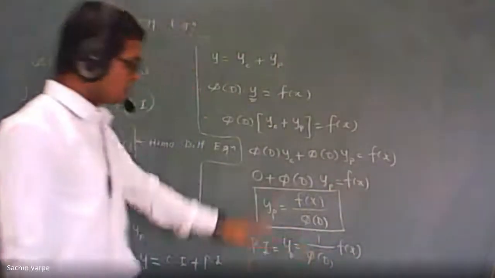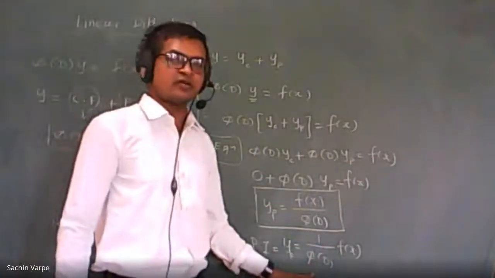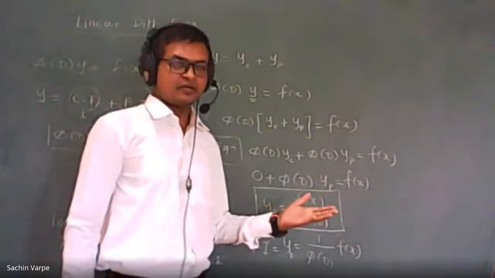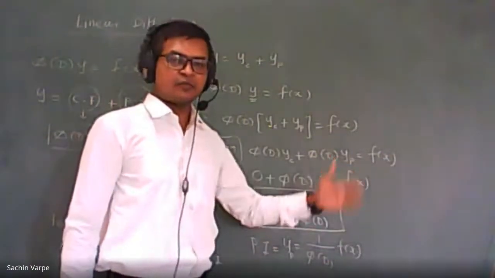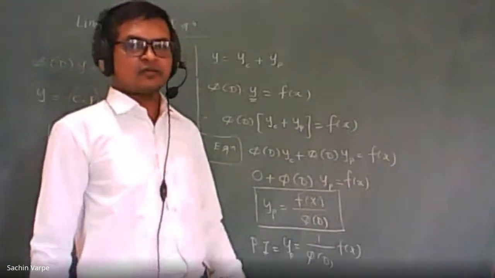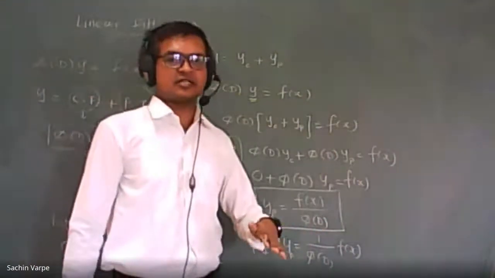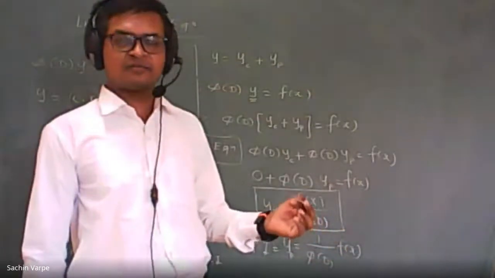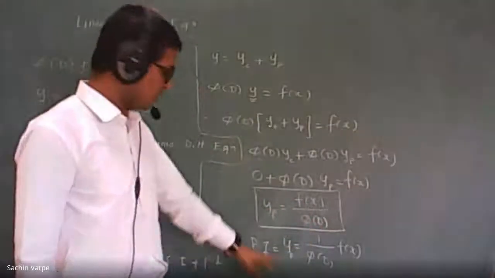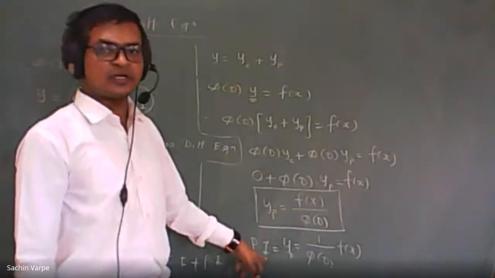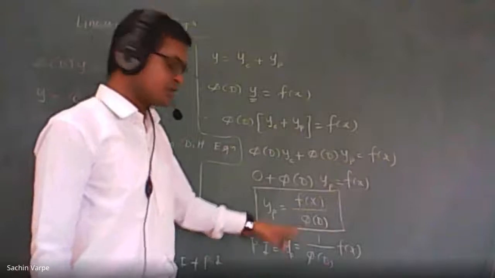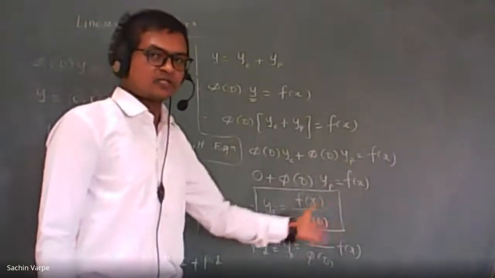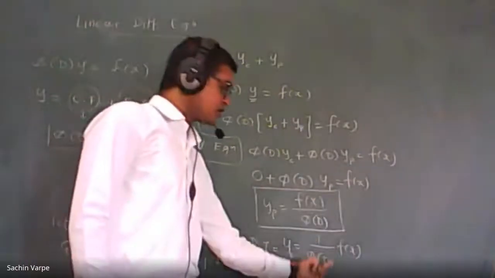Now what is the meaning of this 1 upon phi of D? Just like phi of D is a differential operator, 1 upon phi of D is the inverse of differentiation. What is the inverse of differentiation? Integration, exactly. That is why the name is particular integral, because it is the integration of some function, since it is the inverse of differentiation.